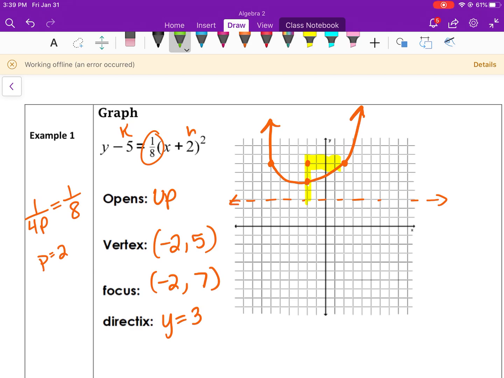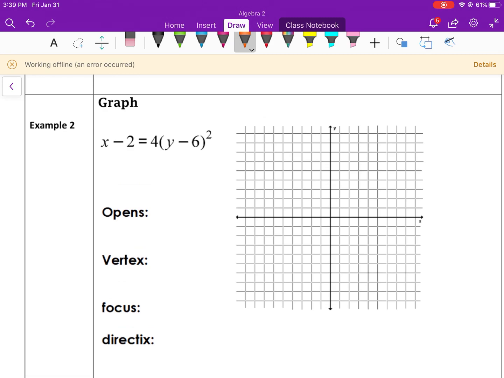So these distances are always congruent or equal. It's always 4 here and then 4 there. So you find the distance between the focus and the directrix, and that's how far it is from the focus on either side. So there's my parabola. And that's it for that one.